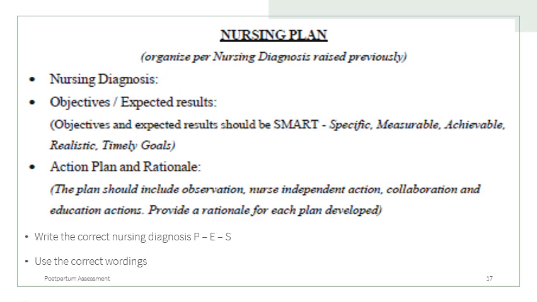For this, we will probably do implementations collaboratively with psychologists inside the hospital to give a counseling service to the mother. So we write down here the nursing diagnosis, as well as the expected result and then the action plan that we want to do.